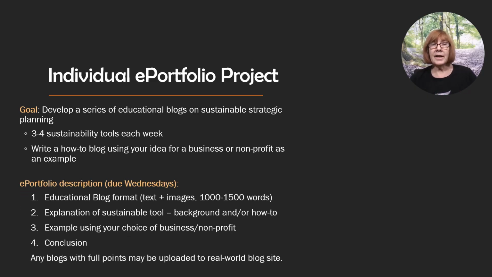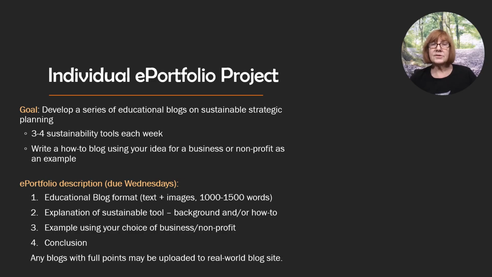You'll be using an educational blog format that includes text plus images and is usually 1,000 to 1,500 words. It will give an explanation of the sustainable tools, which includes the background and an example of how to use the tool in your choice of business or nonprofits, and then have a conclusion to the blog.